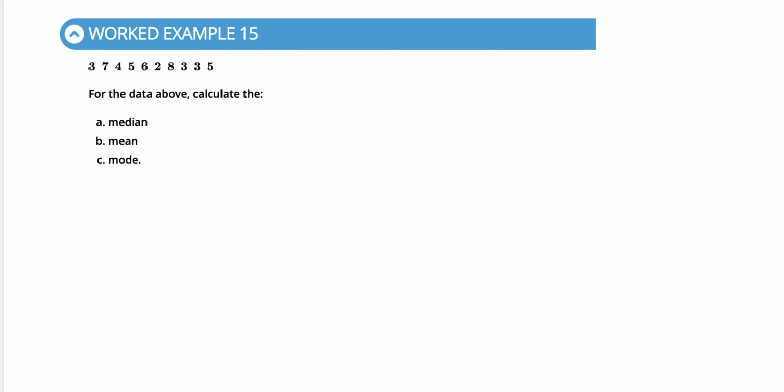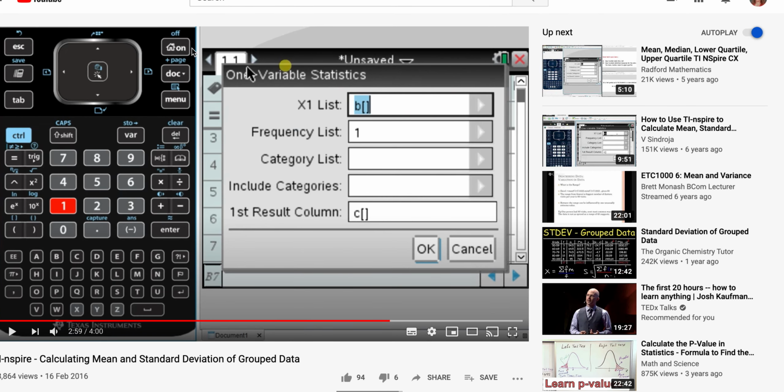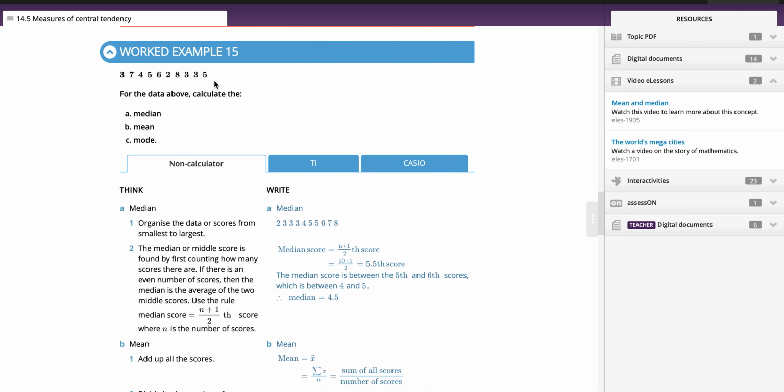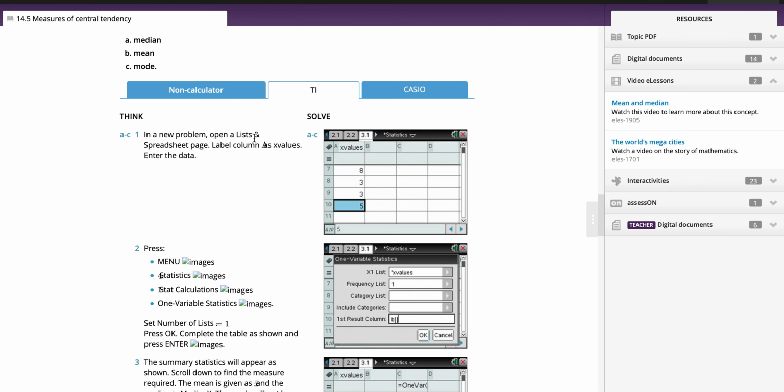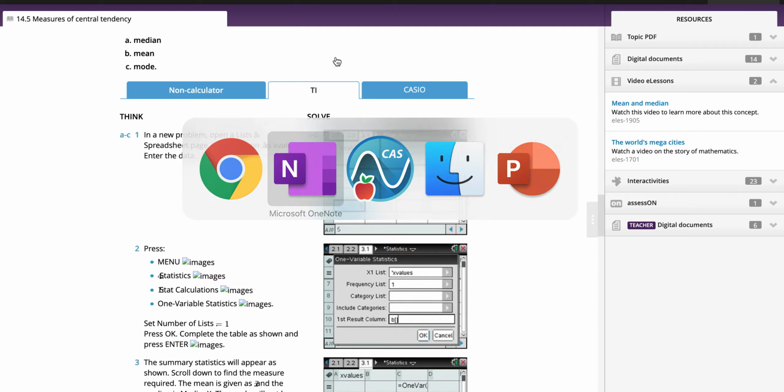Okay, wonderful. Now, if you go into your JAC Plus, you will find that here it says non-calculator, and you will see here how they calculate it, okay? But also if you go into Texas Instruments, you will find instructions of what I'm going to explain now.